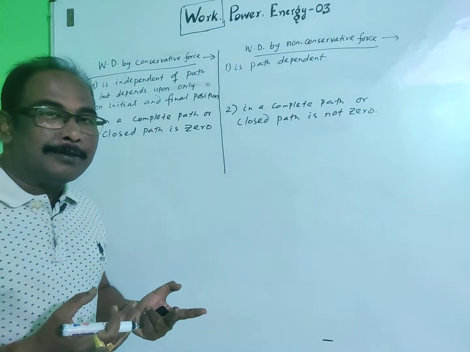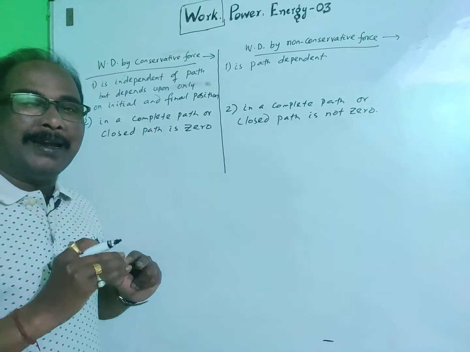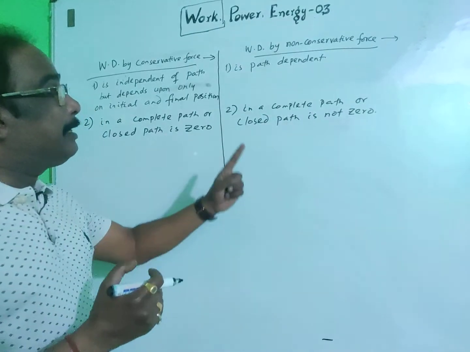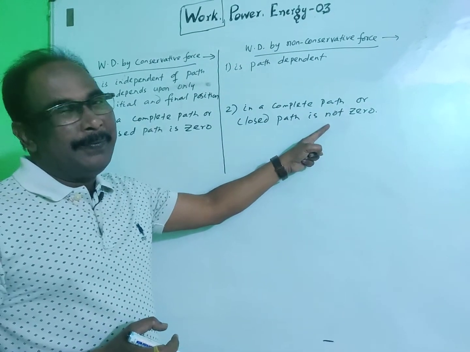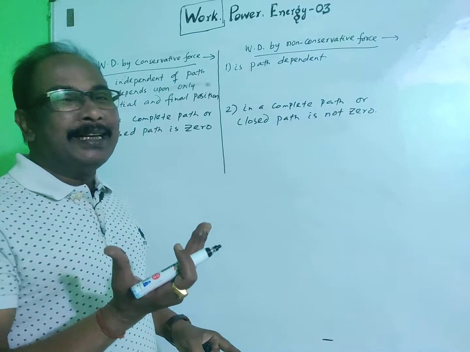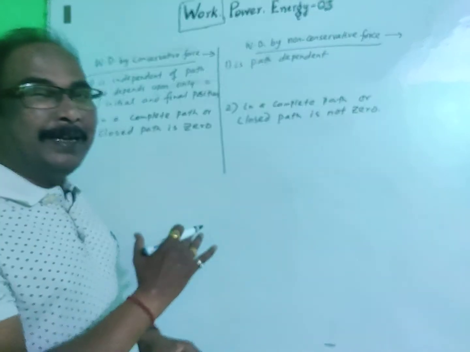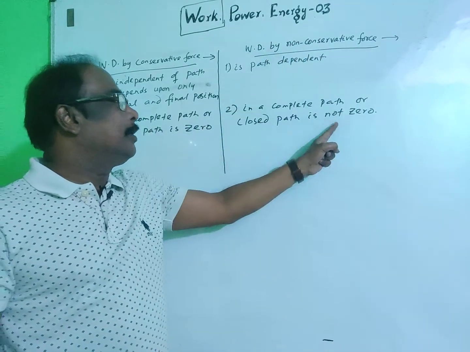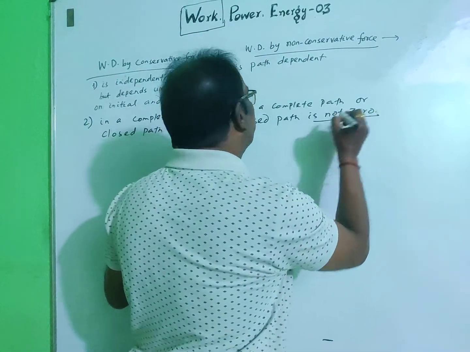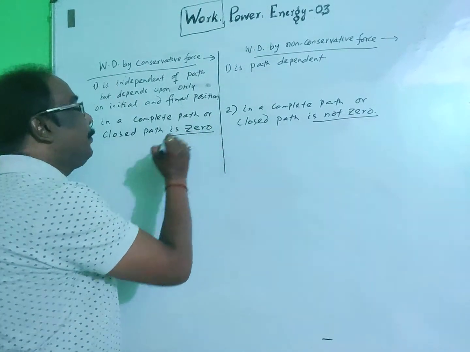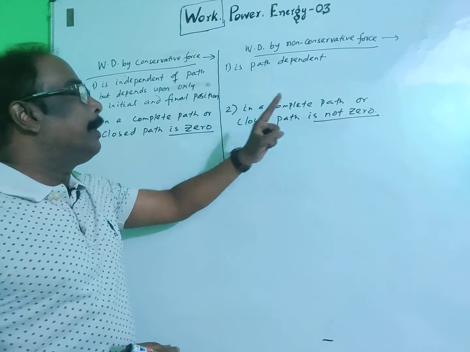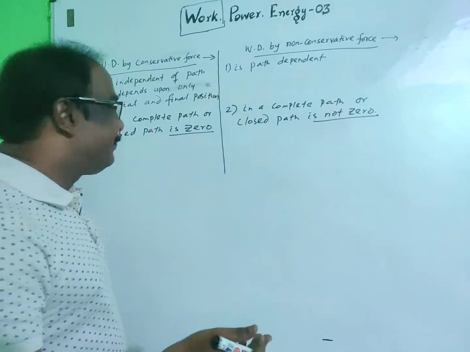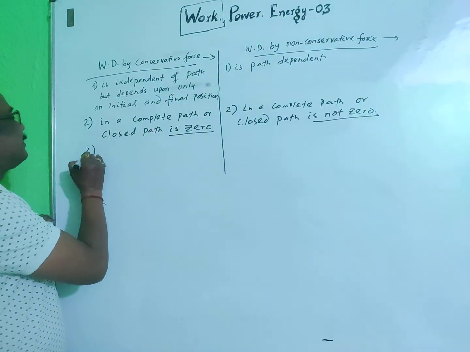It means if work is done by non-conservative force, though displacement is 0, closed path means displacement is 0, if displacement is 0, then work done by non-conservative force is not 0. Here work is 0, but here work done by non-conservative force is, sorry, not 0.